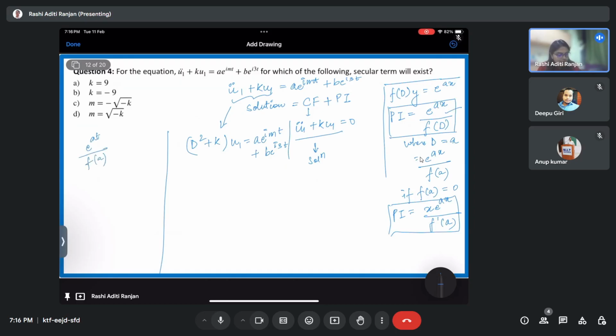Second case, I have t e to the power at divided by f dash of a. Now in terms of time, this is fine. But if I talk about this, what is happening? There has to be a minus over here that I've missed.